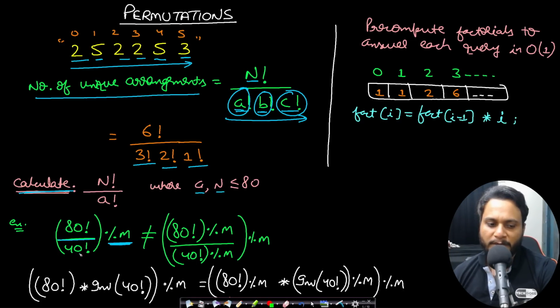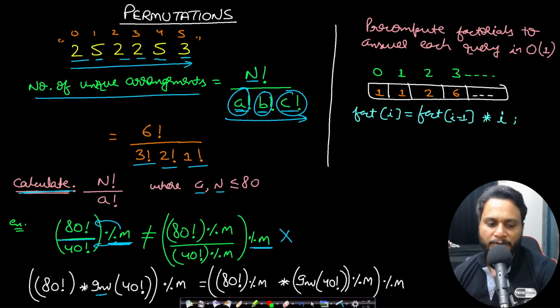Now if you want to calculate mod of m for, say, 80 factorial by 40 factorial, we know that we cannot directly push the mod to both of them. 80 factorial mod m by 40 factorial mod of m, whole mod of m, this is not true. So in such cases, we need to use the inverse.